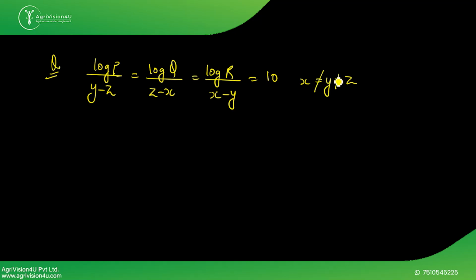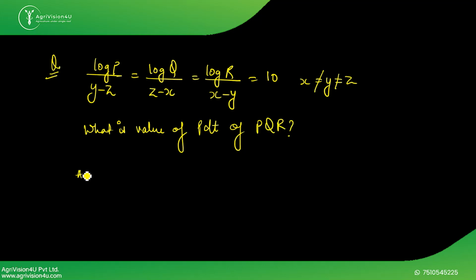What is the value of the product pqr? Option A is 0, option B is 1, option C is xyz, option D is 10 to the power xyz.